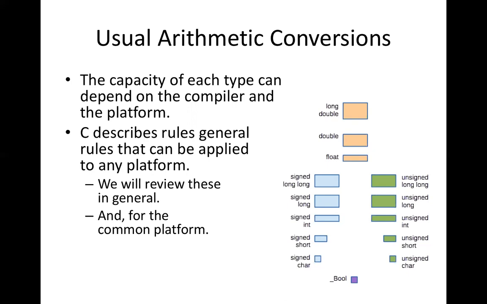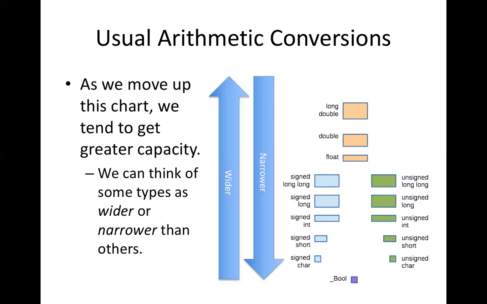What does the standard say should happen on any C compiler? And then we'll also talk about what that means for the common platform. Because when they wrote the standard, they had to worry about systems like our common platform and potentially other systems that hadn't even been built yet. So we'll talk about these rules both in general and what they mean for our particular system.